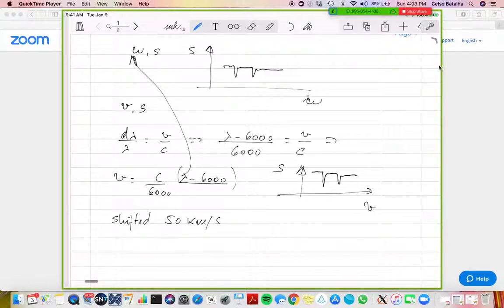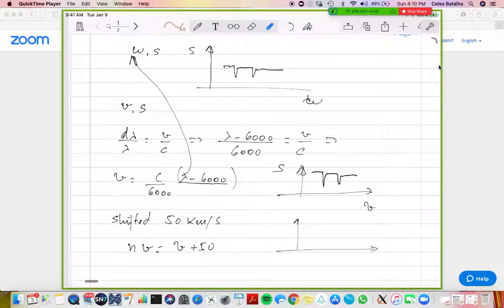And if we want to shift it 50 kilometers per second, the new scale in velocity would be the old one, V, plus 50 kilometers per second, right? And then if we plot, well, I will use the same curve.